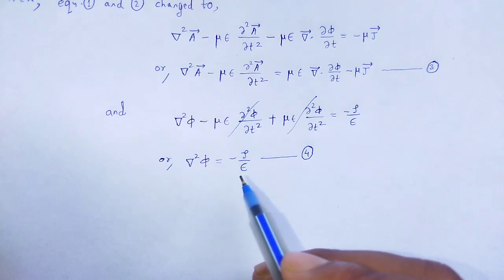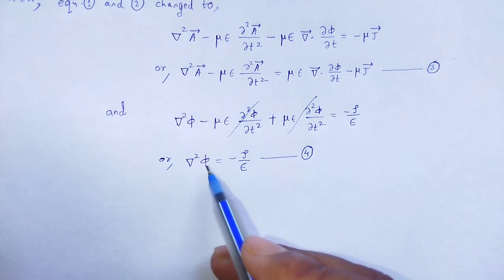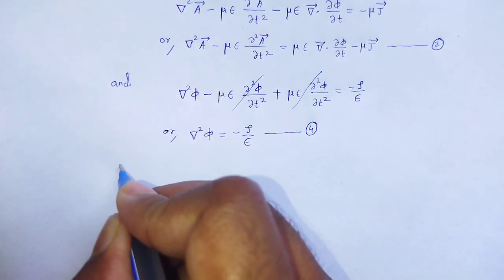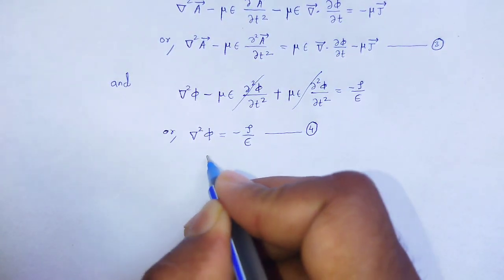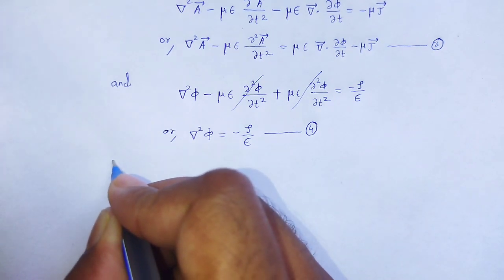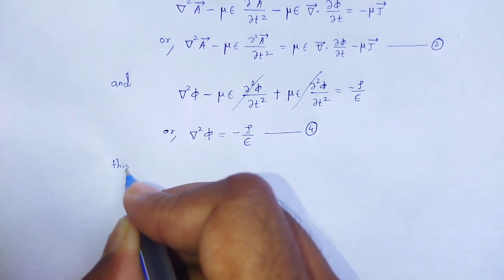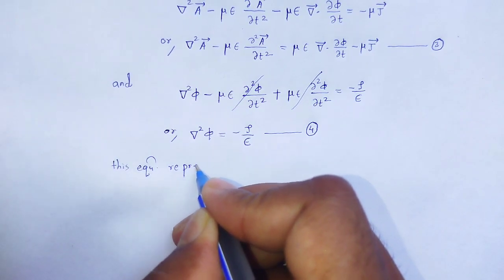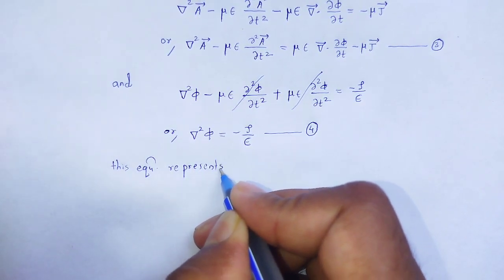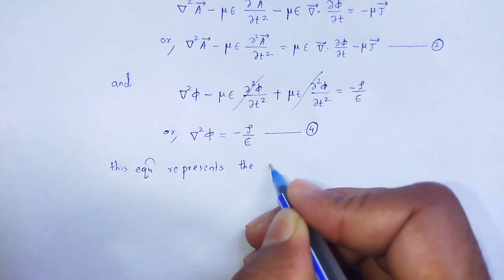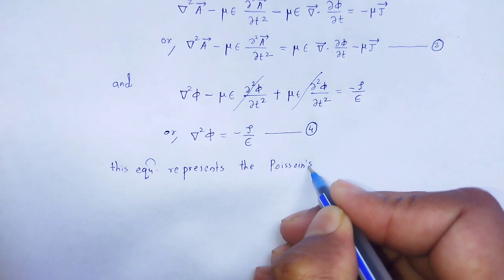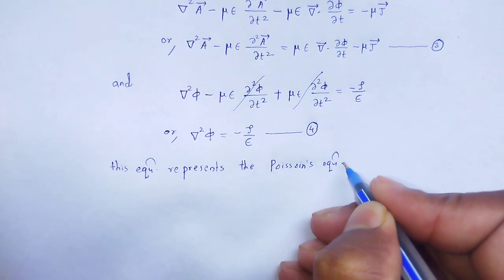Look at equation number 4 carefully. This equation represents the Poisson's equation.